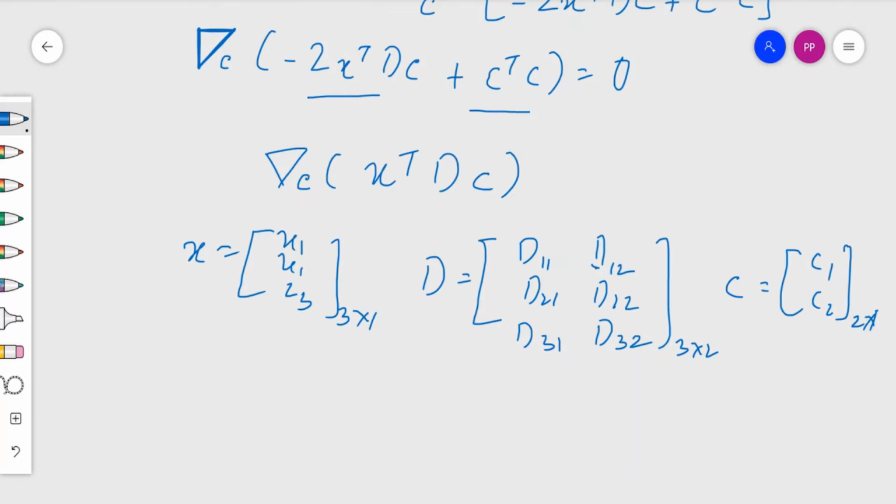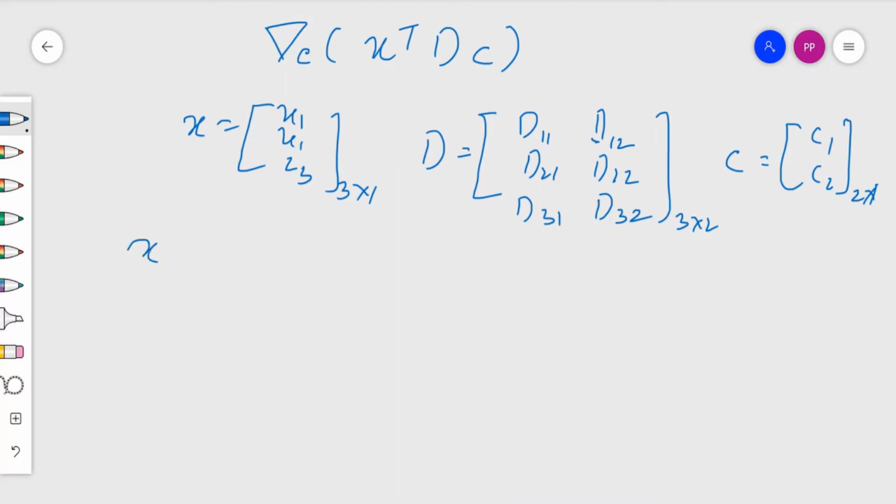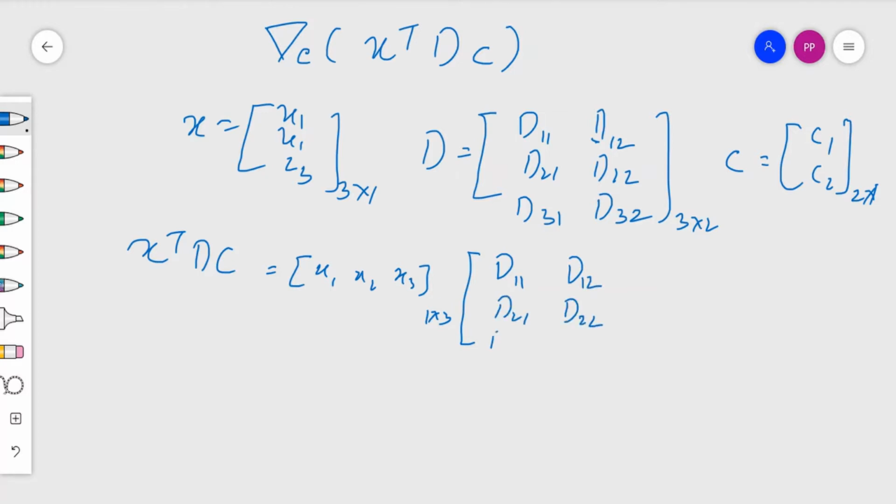Now if I want to write X transpose DC, I have to write it as x1, x2, x3. Then this is 1 by 3. Then D11, D12, D21, D22, D31, D32 is 3 by 2, C1, C2, 2 by 1.